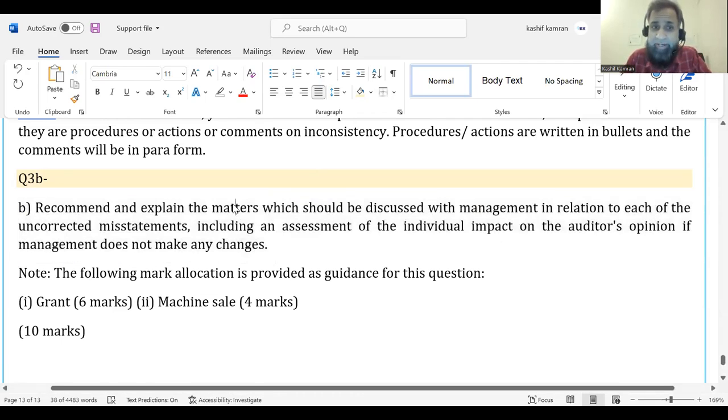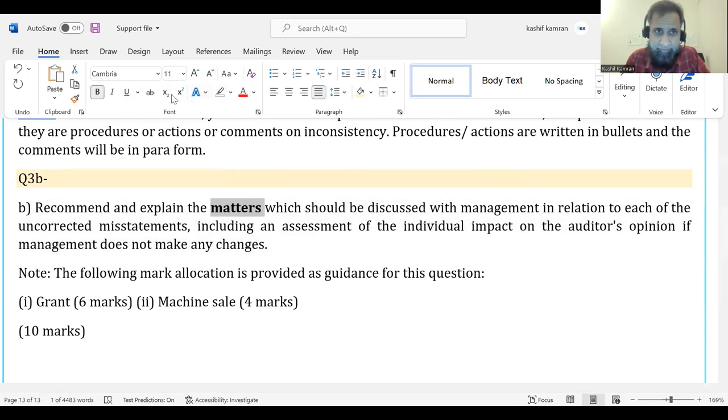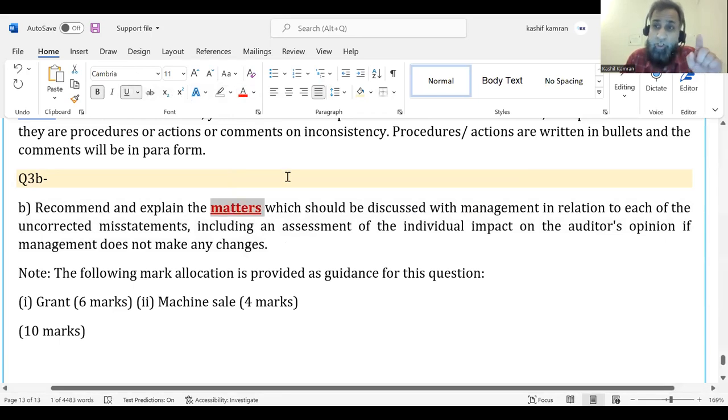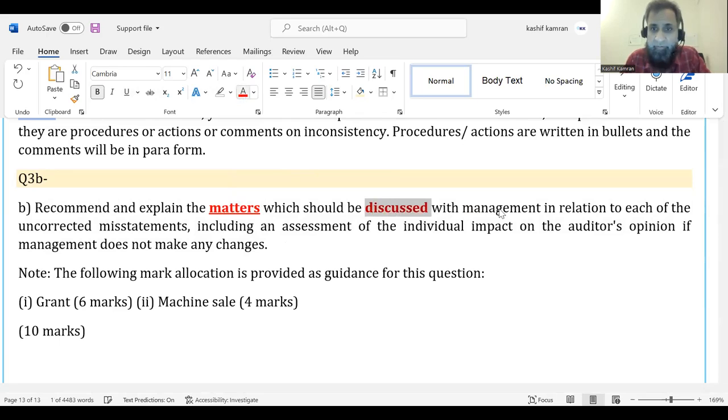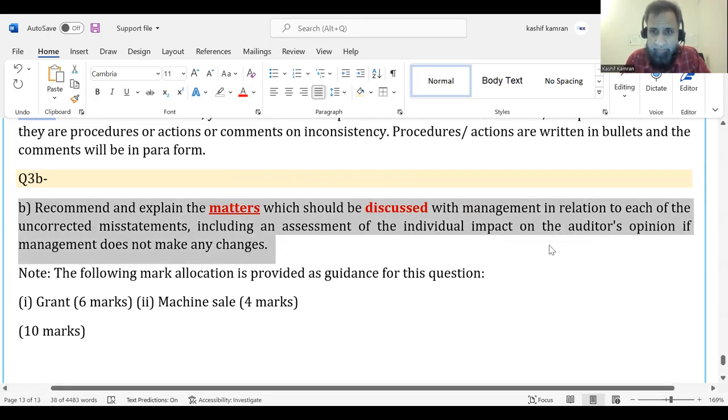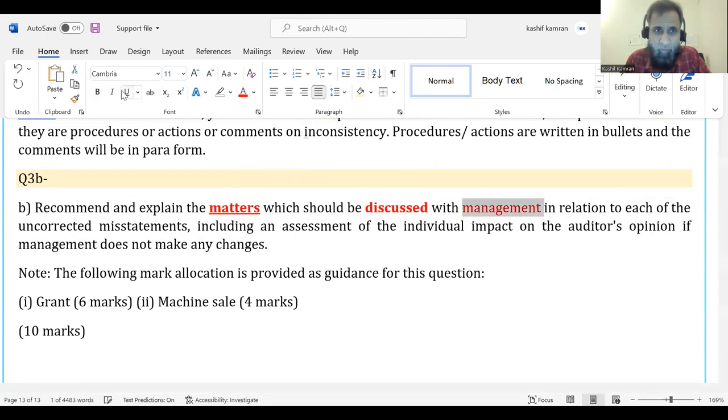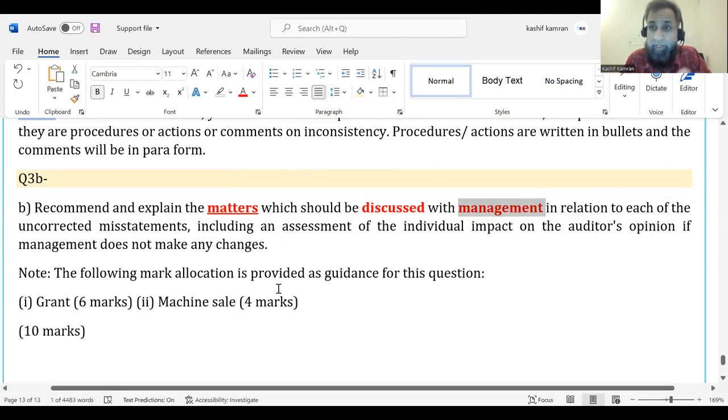Recommend and explain the methods which should be discussed. Matters which should be discussed with whom? With management. Matters which should be discussed with management in relation to each of the uncorrected misstatement.